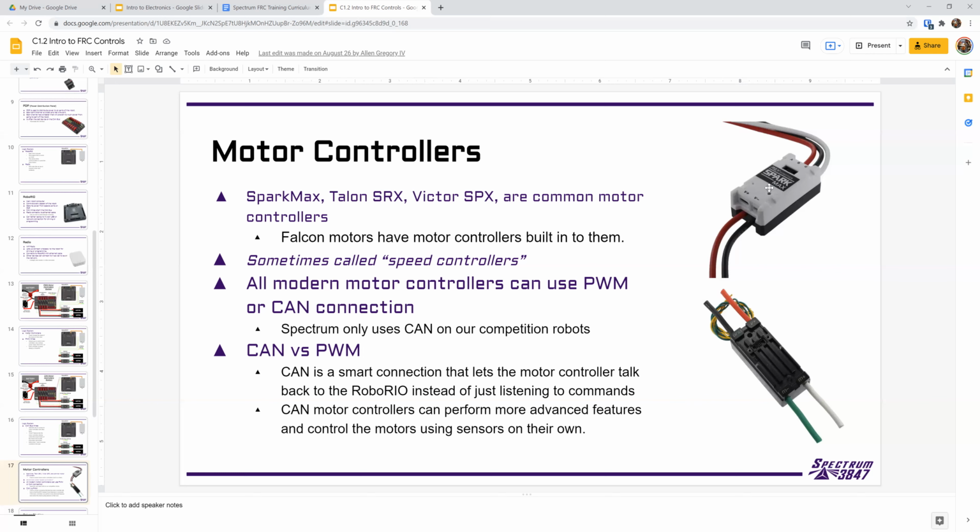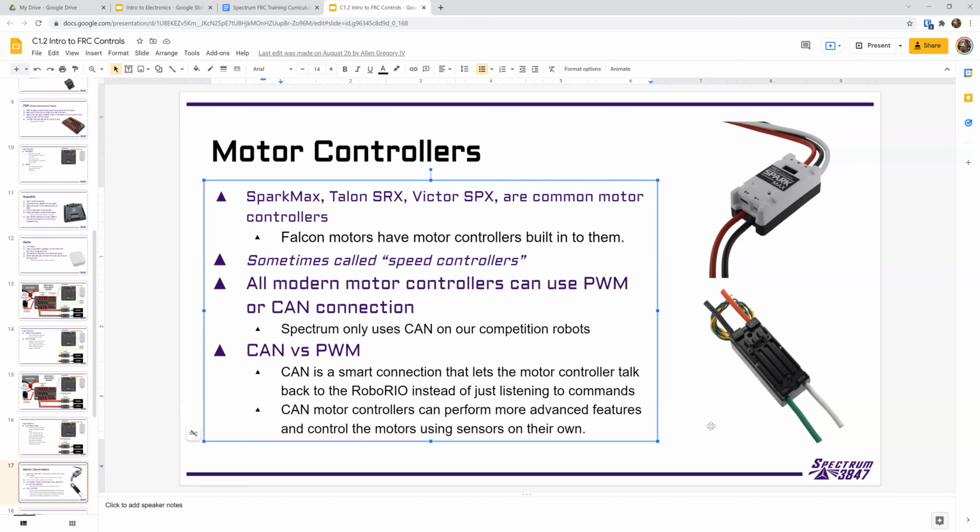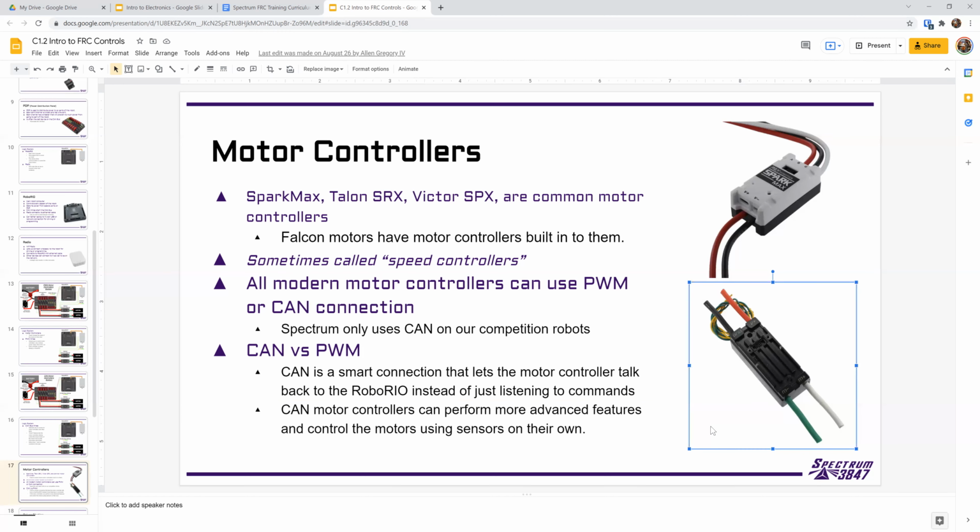And so we'll use Spark Maxes for the Neos, and then the Falcon motors, which is a different type of brushless motor, already have a motor controller built into it. So we probably won't be using the Talons and Victor SPXs as often on our robots. Just like Spectrum, we only use CAN on our competition robots, and I've kind of talked about that already.